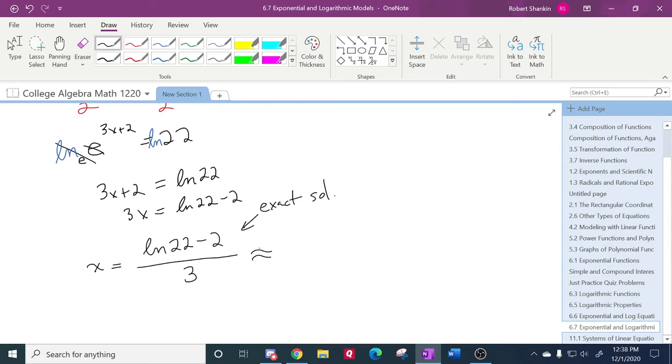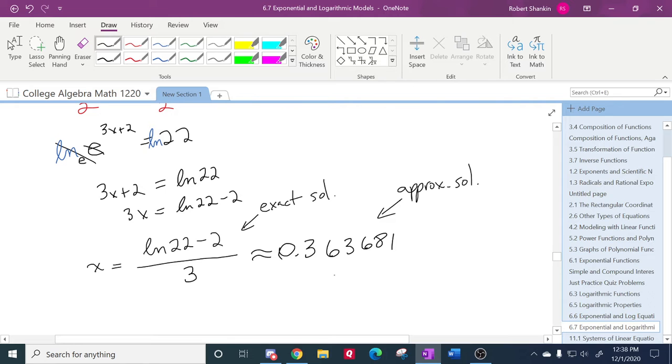So I'm going to punch this into my calculator. .36368, something like this. How far you go in decimals doesn't matter to me. I'm interested in whether you have the basic idea of how to do this, and this is called the approximate solution.